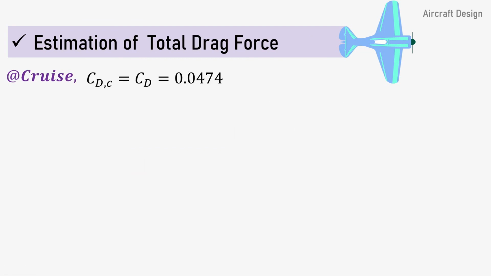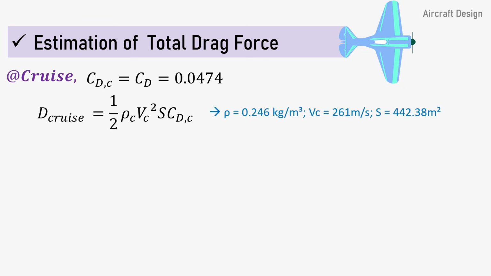Now coming to the total drag force acting on the aircraft during cruise, takeoff and landing. First, for the cruise, the general formula is half rho V squared S C_D. For cruise, rho at that altitude, 13.5 kilometers, is about 0.246, and the cruise velocity is about 261 in my design.